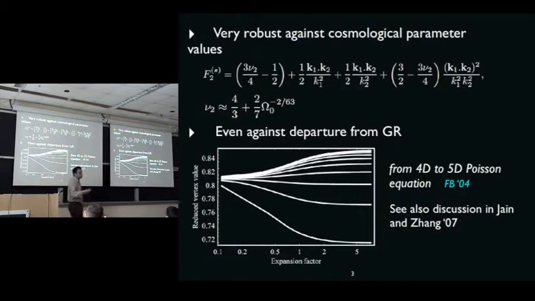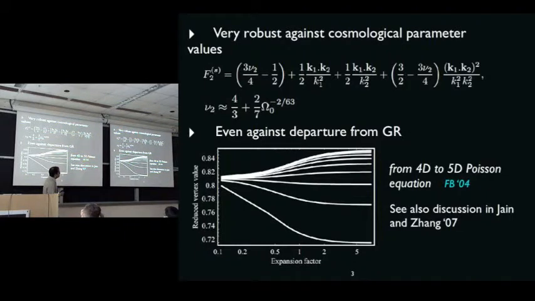This is just for a flat case, I think. But this extends to basically any cosmological model, any content in terms of lambda or quintessence or whatever. Basically this F2 changes with the cosmological parameters by a few percent at most.